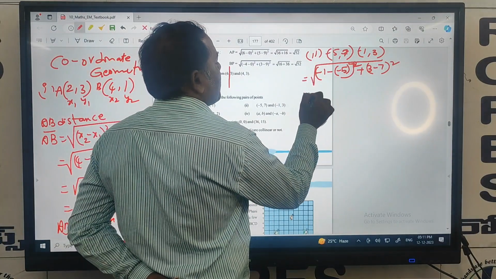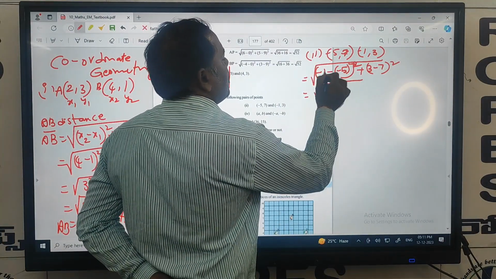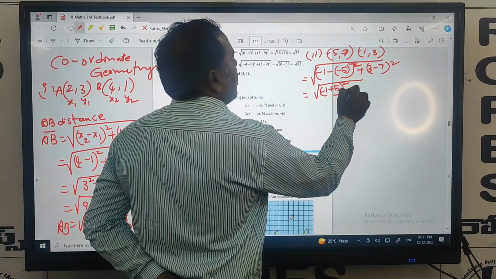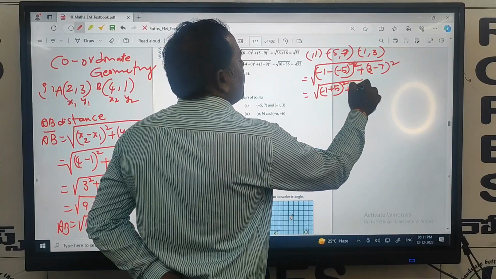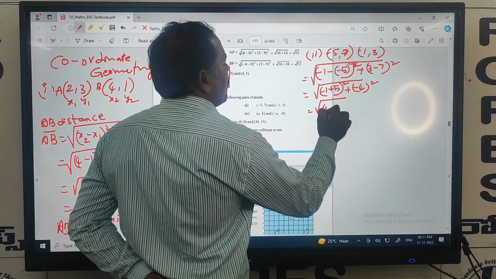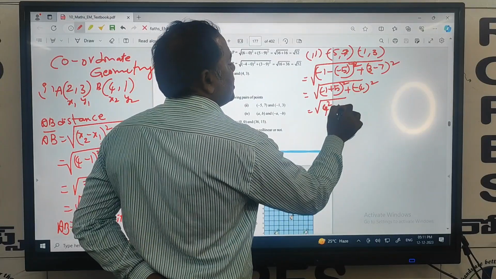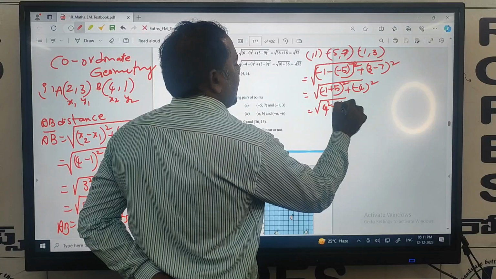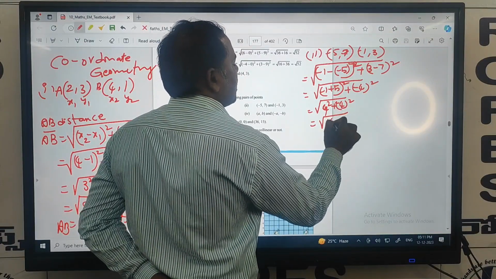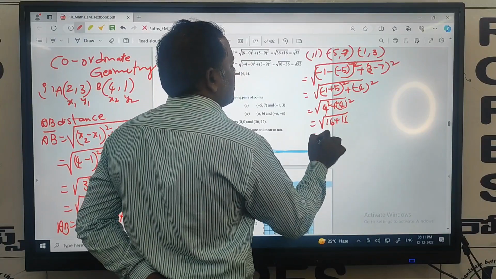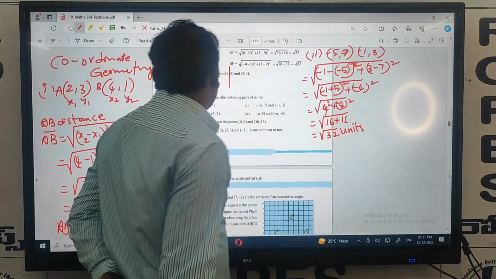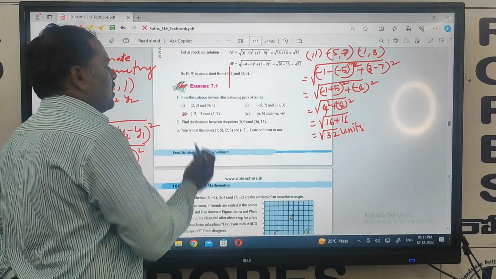Root of minus 1 plus 5 whole square plus minus 4 whole square. That is 4 square, 16, and minus 4 square also 16. That is equal to root 32 units. Similarly, we can find the third one also.